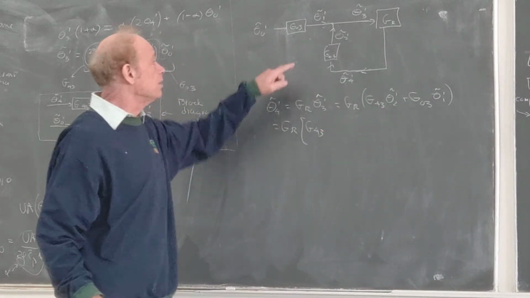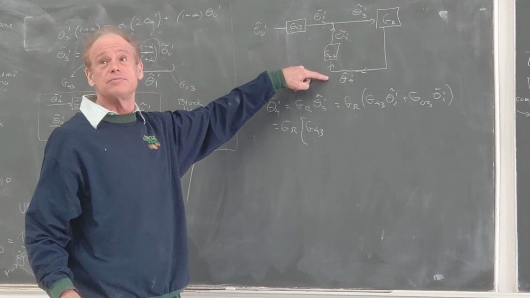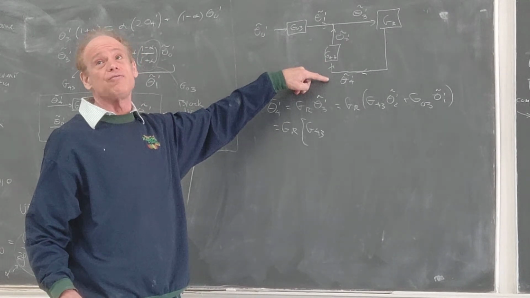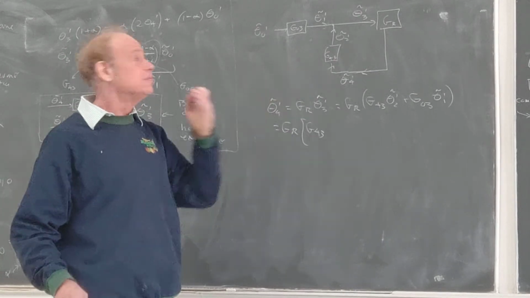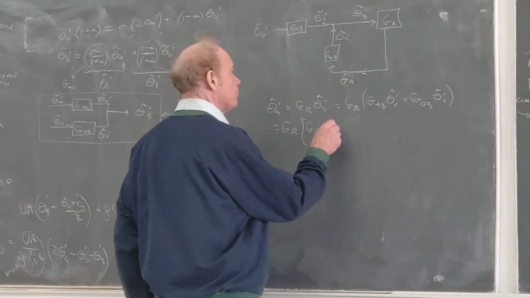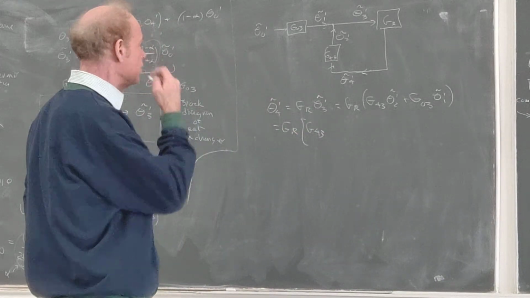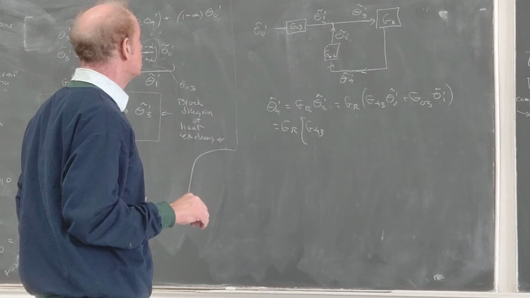What is theta 2 prime tilde in terms of theta 4 prime tilde? Volunteer? If no one raises their hand, I'm volunteering. Is it G43 times theta 4? I'm sorry, let's just make sure I got this right.